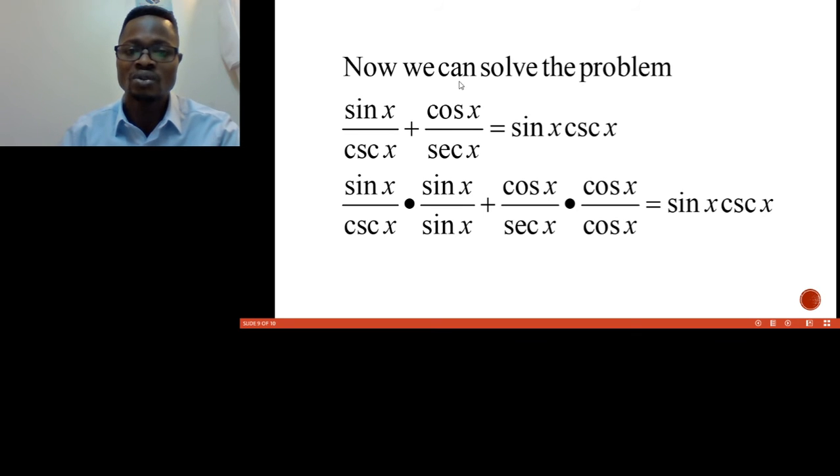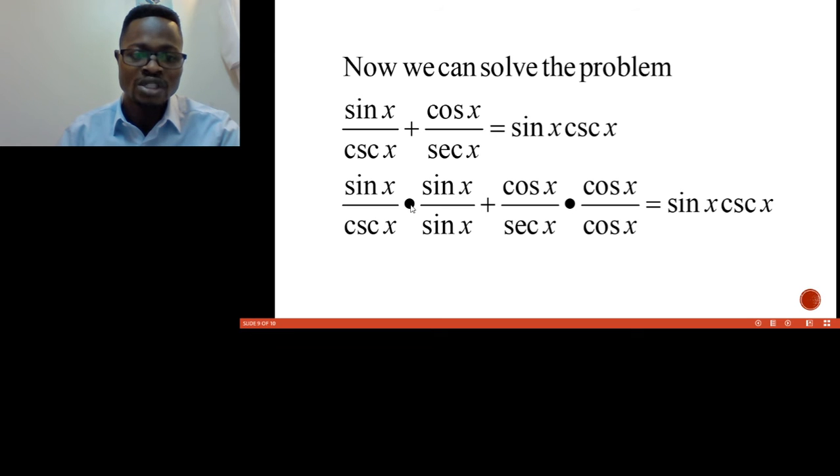Now we can actually try to solve the problem, because the equation says we prove that sin x divided by cosecant x plus cos x divided by sec x is equal to 1, or sin x cosecant x. So let us see what we can do here. We have sin x divided by cosecant x.